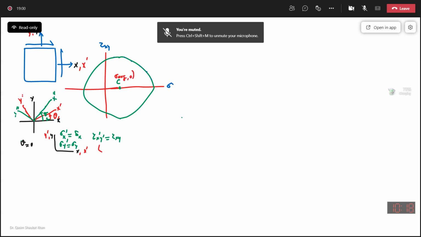Now the coordinates of your reference point: normal stress is equal to sigma x, since sigma x dash is equal to sigma x, and shear stress is equal to tau xy.